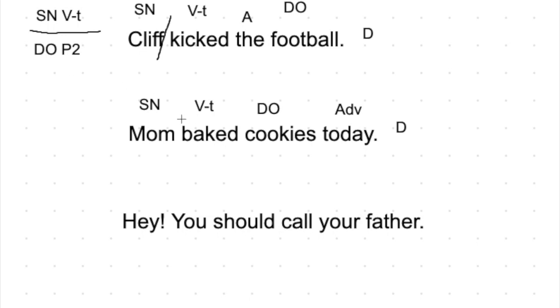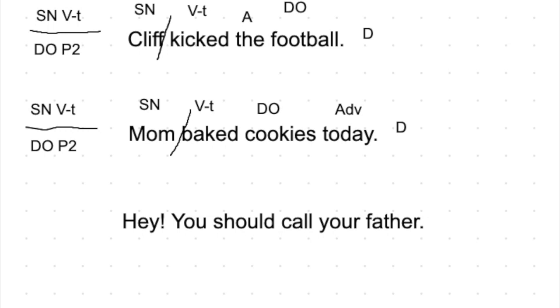Let's divide the subject from the predicate. Mom is the subject. Baked cookies today is the complete predicate. Let's write our pattern. Subject, noun, verb, transitive, direct object, pattern 2.